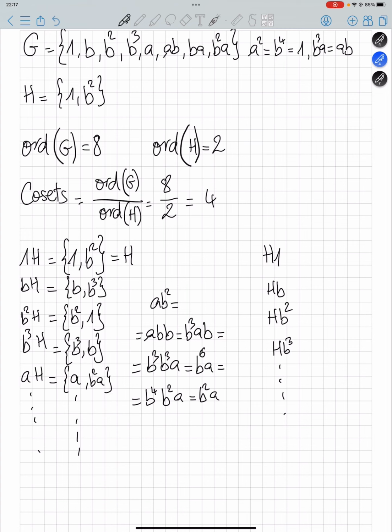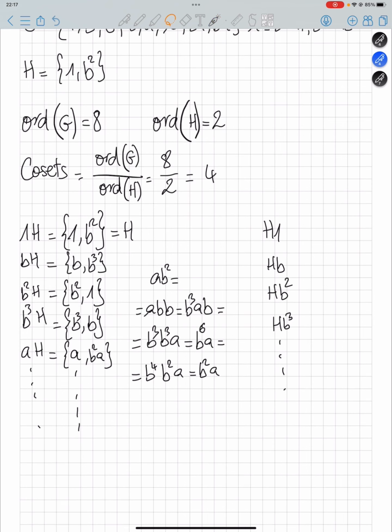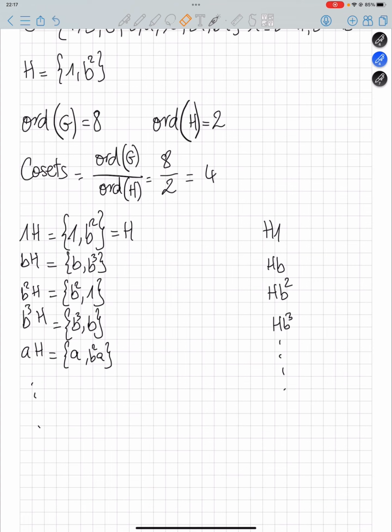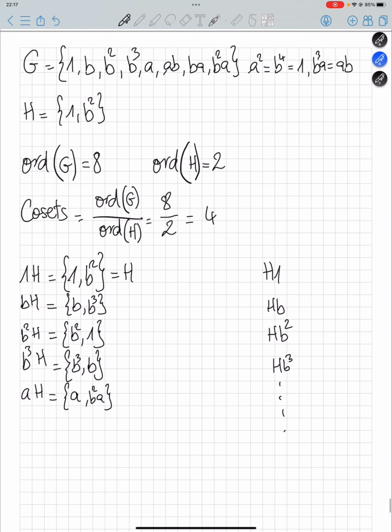Now we keep doing this for all the elements of the group G, right? Let's delete this. So we have AH. Now the next element is AB.